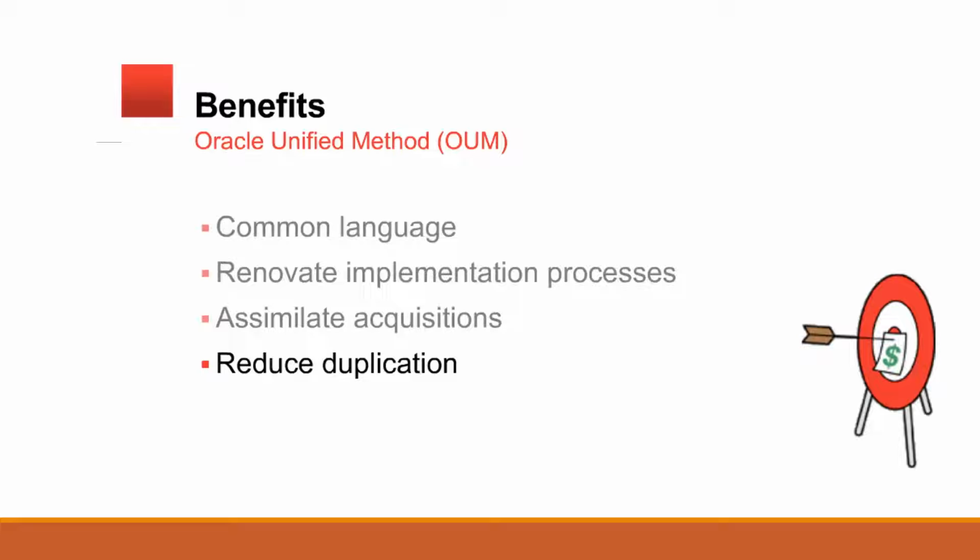So we don't duplicate it. Also, if you are going to upload a customer or supplier, whether it is being used by the SCM team or any other team, that customer is loaded only once. So that can be used across all the modules wherever it is applicable. In that way, we reduce the duplication.